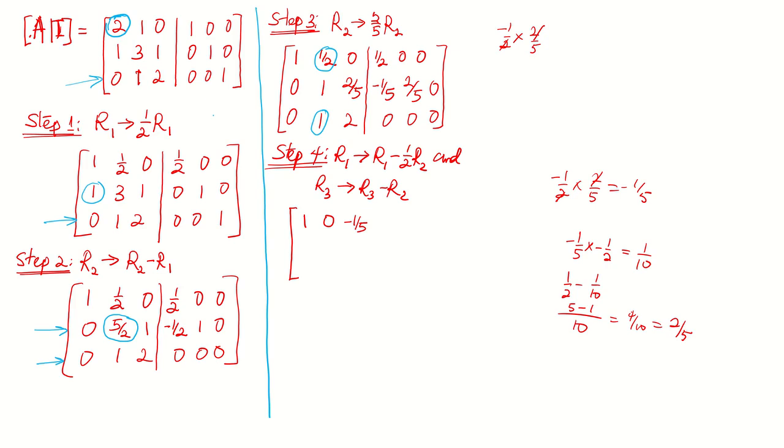So we multiplied, where did I start from? Let's do minus 1 over 5 multiplied by 1 over 2. So the answer here is minus 1 over 10. That's the answer, minus 1 over 10.